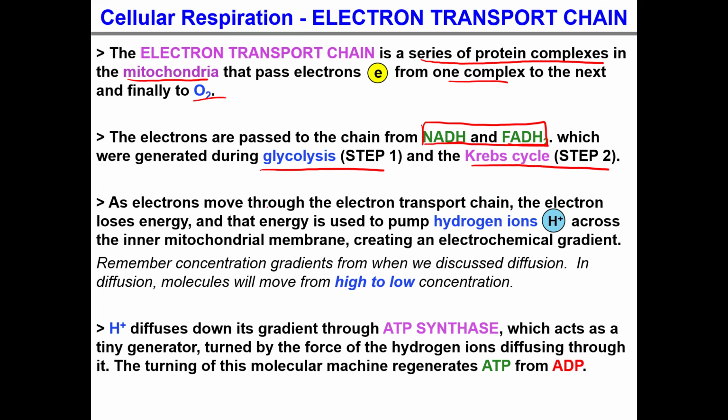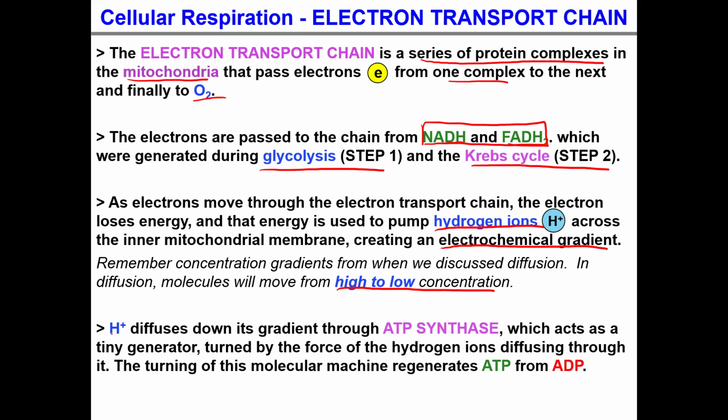As the electrons move through the electron transport chain, they lose energy, and that energy is used to pump hydrogen ions across the inner mitochondrial membrane, creating an electrochemical gradient. Remember, when we're dealing with diffusion or gradients, the molecules always want to move from high to low concentration.